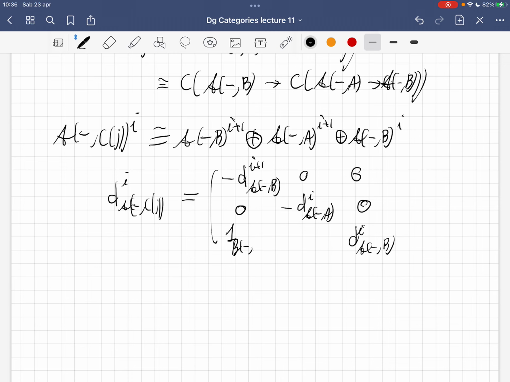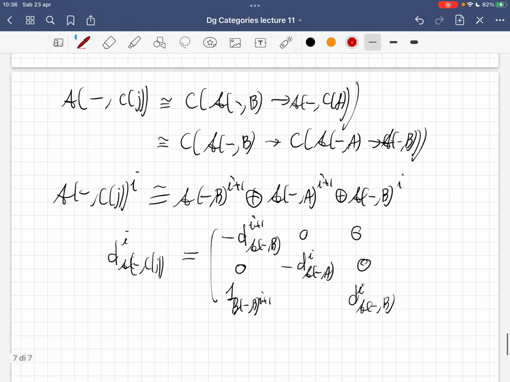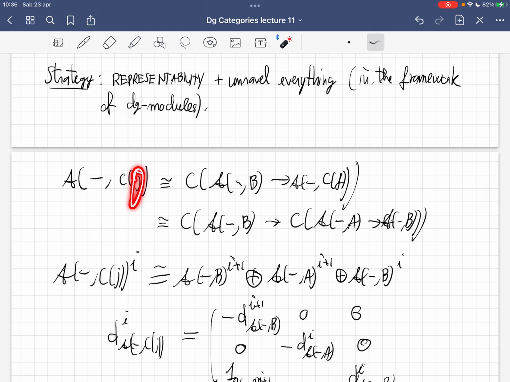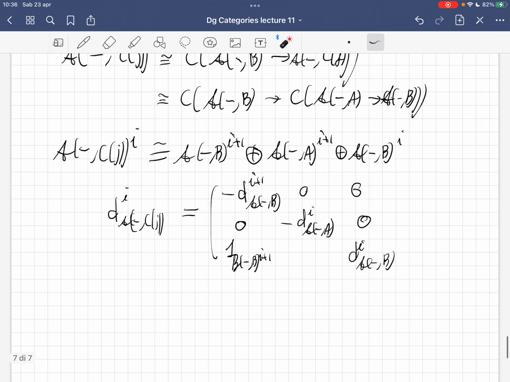Here you have the identity on this, and you can wonder why. The thing is that you're taking the cone of this, J. With J, what is that? If you view it in the DG, if you apply the Yoneda embedding and you view it as the morphism from this to this, it is just the inclusion onto the second component.